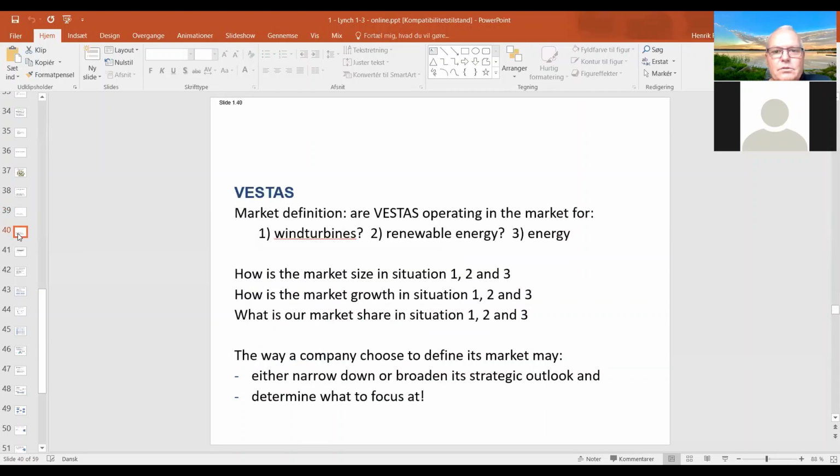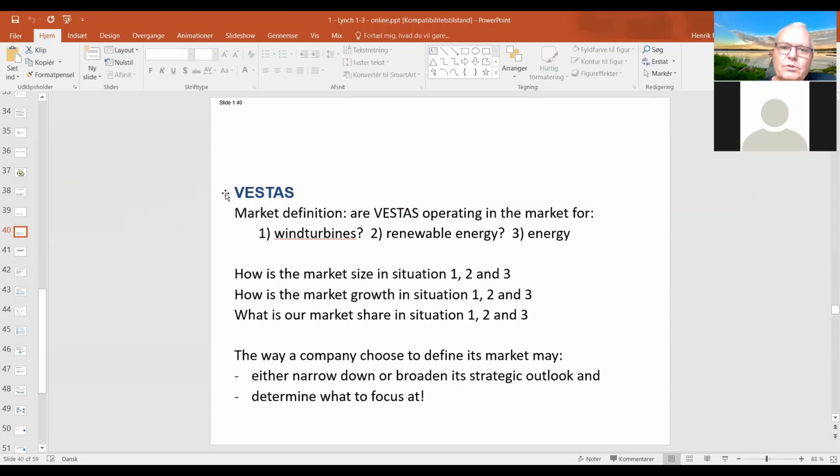So I'm going to this as the next slide. We'll go back to the one before. But Vestas, you may not all know Vestas, but Vestas is the world leading producer of wind turbines with a headquarter in Aarhus. Some of you may or will probably end up getting a job there.